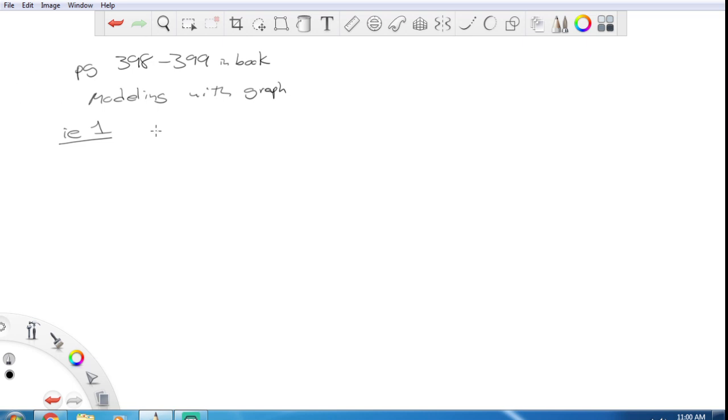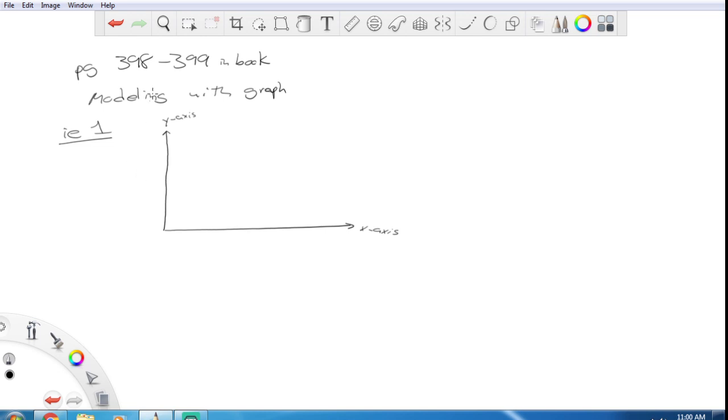You should see that it has parts of your graph. You have a y-axis and you have an x-axis. So here you should be familiar, this is your y-axis, and you should be familiar with the fact that this is your x-axis. It's been that way since the beginning. That hasn't changed.